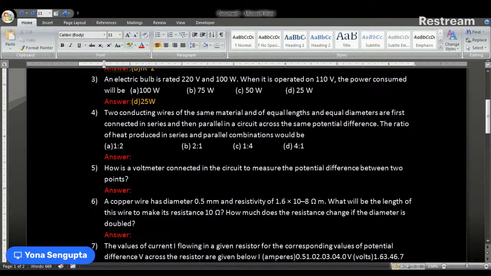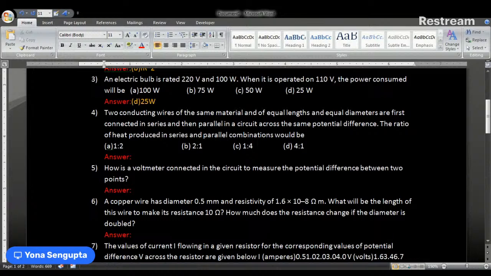So let RS be the equivalent resistance of the wires in series and RP be the equivalent resistance of the wires when connected in parallel. For the potential difference V, the ratio of the heat produced in the circuit can be given as heat produced in series by heat produced in parallel.